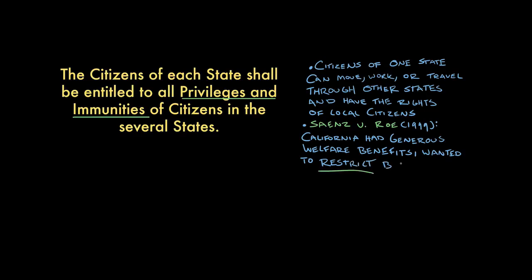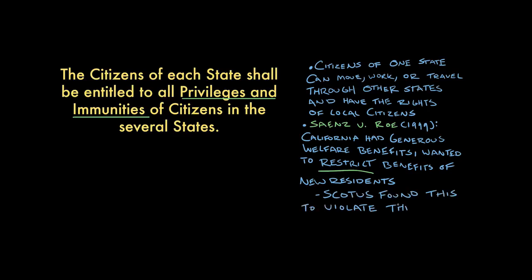And so what they did is they said that if you're moving from out of state and you apply for welfare benefits, then we're going to give you the welfare benefits that you would have gotten in your state for the first year. We're not going to give you the higher California benefits. We're going to give you whatever you would have gotten where you came from. That's unconstitutional. And the Supreme Court said that violates the Privileges and Immunities Clause. We're one country, one nation. People are allowed to cross the borders whenever they want.